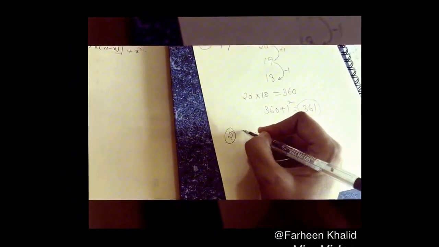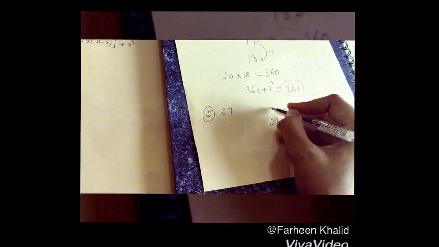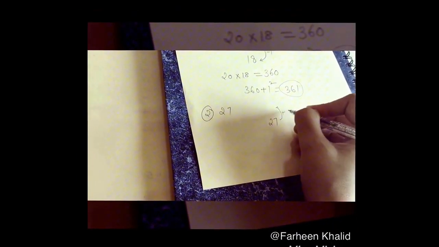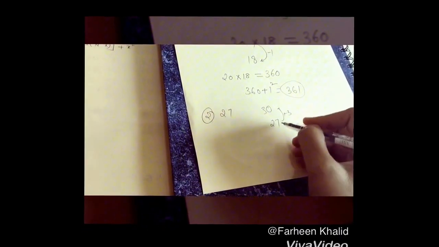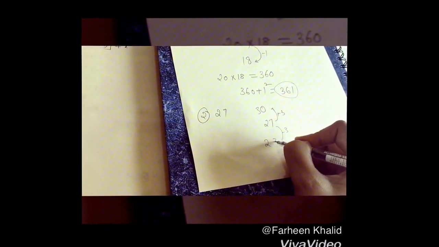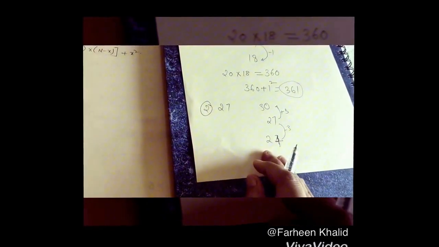The next example is 27. So you put a 27 here, and then which is the nearest one? I think if you add 3, you can make it 30. And if you subtract 3, it becomes 24.